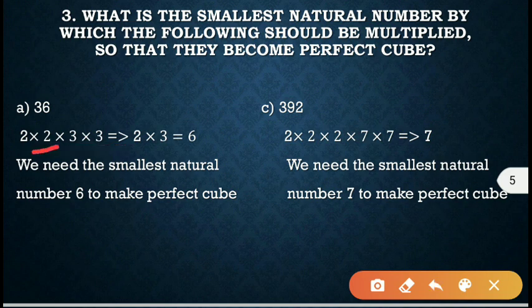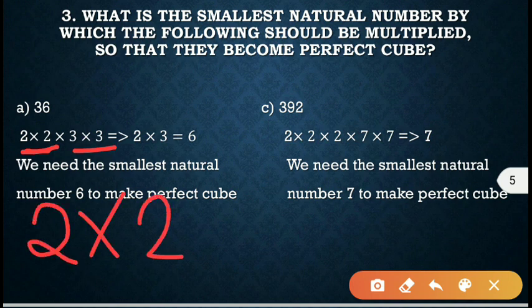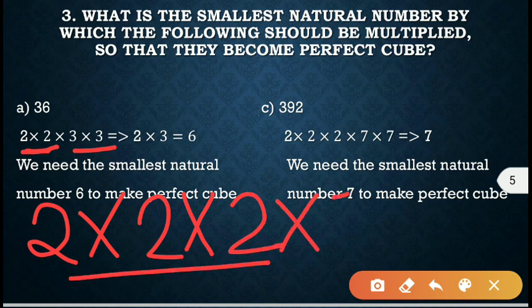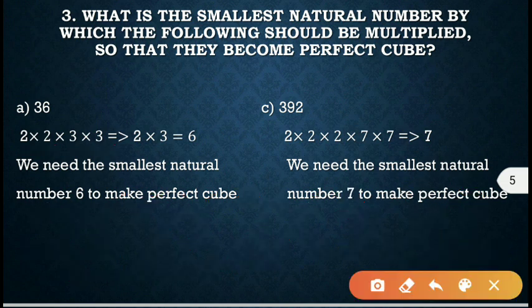Here only two 2s are there and only two 3s are there. For making them a perfect cube, you want one more 2, because when you multiply by one more 2, this will become a pair, and if you multiply by one more 3, this will become a pair. That means here you want one more 2 and one more 3 to make it a perfect cube.